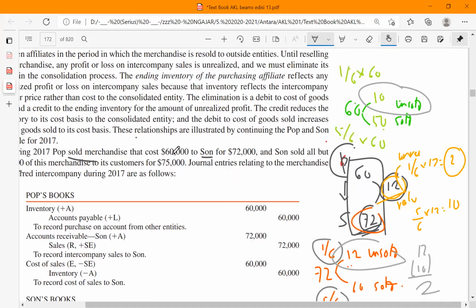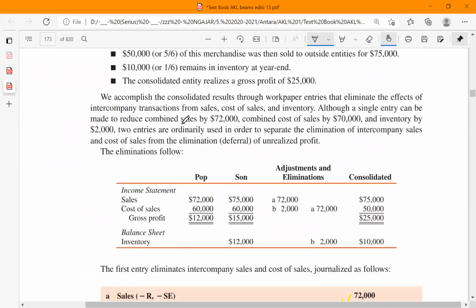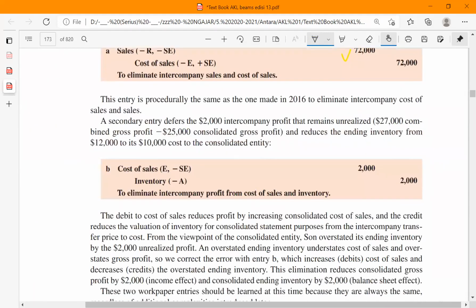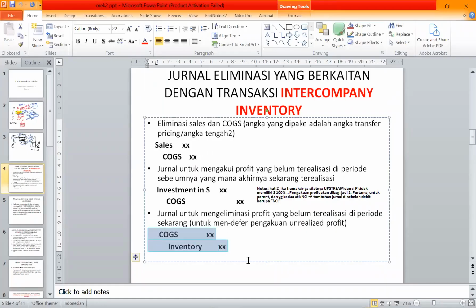That should be eliminated in the second journal entry. The number that we should journal is 2. So that's why, in the second journal entry, we have to eliminate the intercompany profit transaction that's still unrealized. And the journal entry is cost of sales to inventory. So we have to defer.